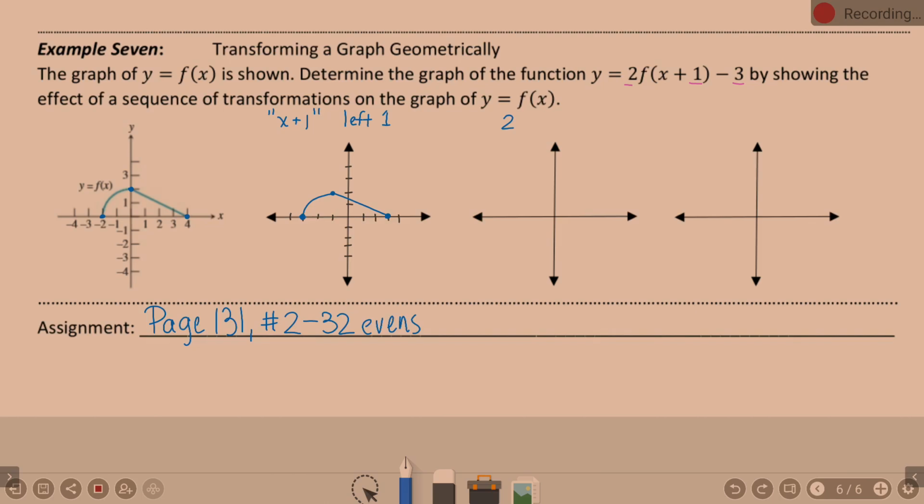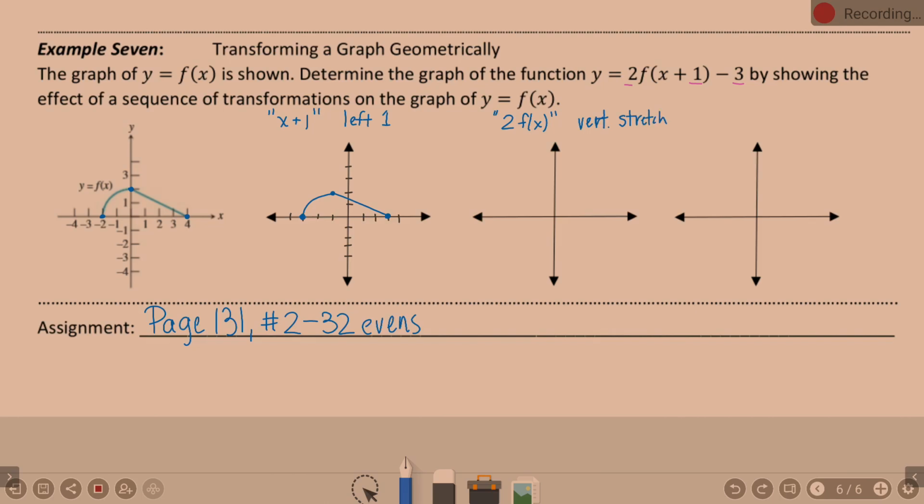Okay? Now, with this in mind, the 2 is like a 2f of x, and what does that 2 represent? 2 times the equation. But what is it as a transformation? Stretch. It's a vertical stretch, yes? Yeah, vertical stretch.